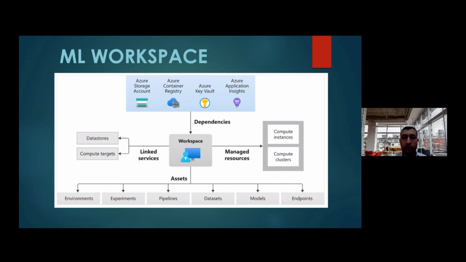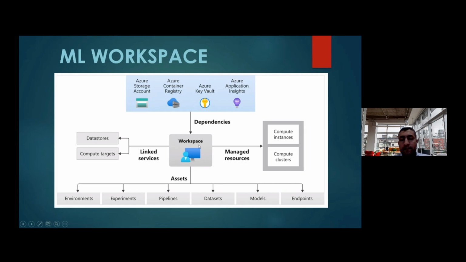At that moment, when you need it, it will be provisioned automatically for you, just to make sure that the cost is optimized and you don't have any extra cost without any need. But as I said, you still have the choice to change this default option and create it while creating the workspace itself.